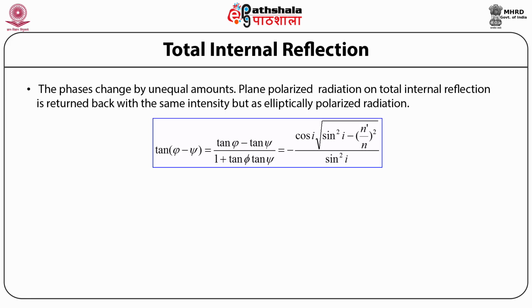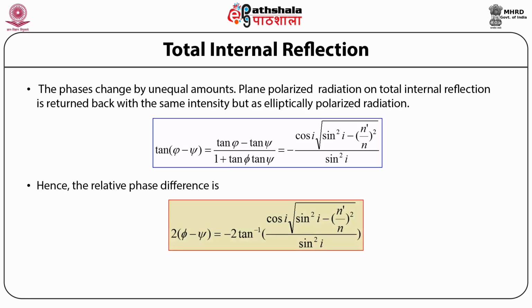And from this we can write down that twice of phi minus psi is equal to minus twice tan inverse of bracket open cos of angle of incidence times under root of sine square angle of incidence minus the square of the ratio of the refractive index of medium 2 to medium 1, whole divided by sine square angle of incidence, bracket close.